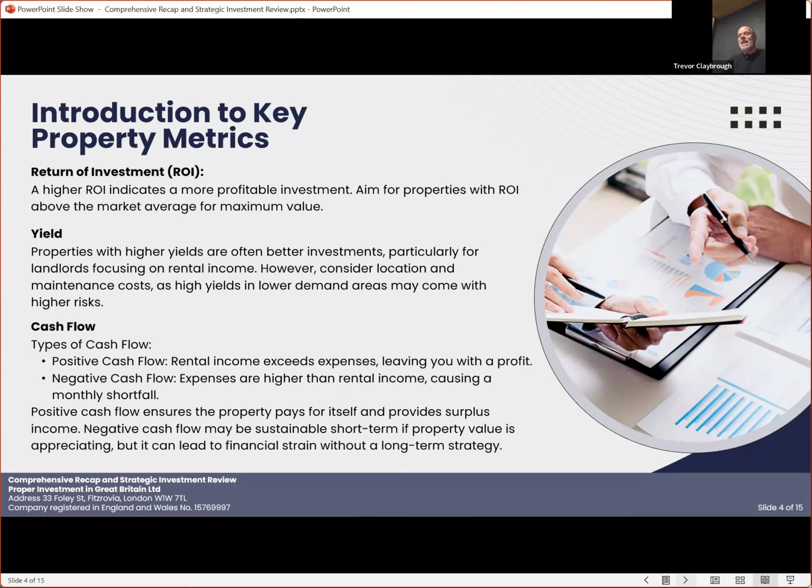Yield is independent of the amount of money that we put into a property. Yield is the annual income divided by the value of the property, and in different areas we get higher yields. Cash flow is when we've got our income every month, taken all the expenses away, and what's left is money that we can either accumulate to reinvest, or, if we're doing it for ongoing income for living, spend as our income.